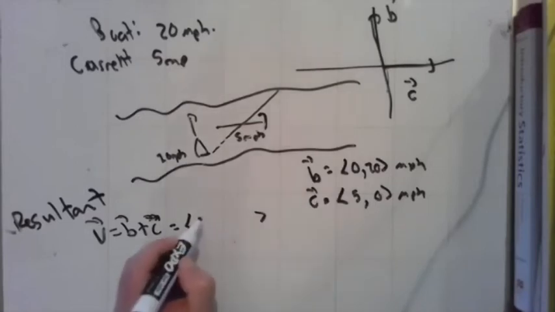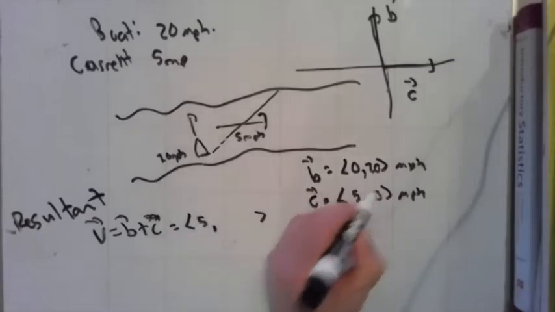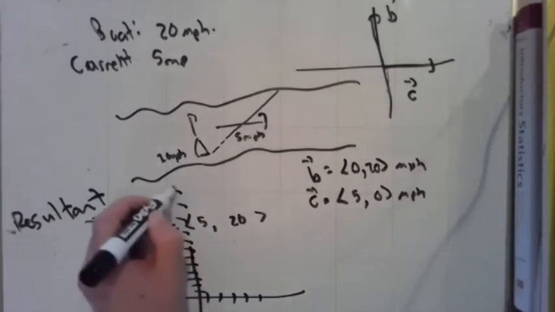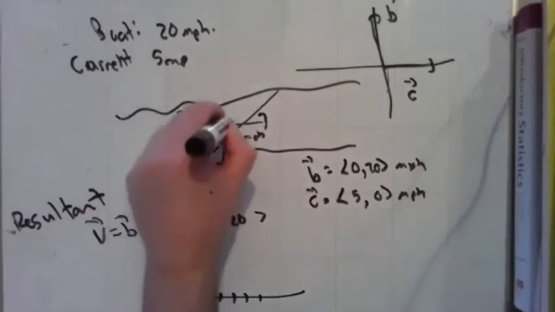So 0 plus 5 is 5. 20 plus 0 is 20. So that will be a vector that points like that.